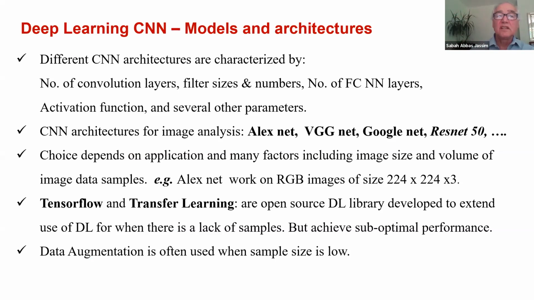Examples of the various models and architectures, there are so many of them. They mostly differ in the number of convolution layers, filter sizes, numbers of filters, some kind of activation function, and the number of fully connected neural networks, and so on.